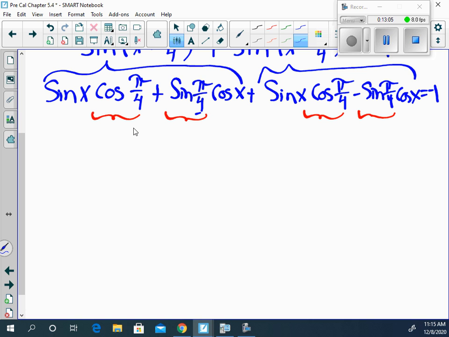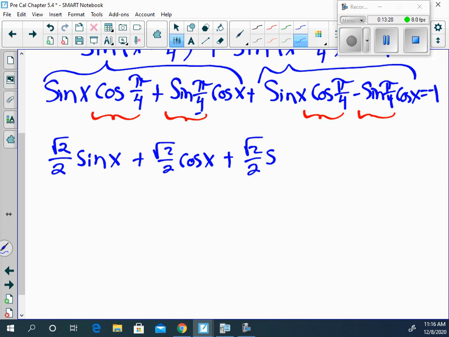Actually, all four of these are going to be square root 2 over 2. So really what I have here is square root 2 over 2 sine of x plus square root 2 over 2 cosine of x, plus square root 2 over 2 sine of x minus square root 2 over 2 cosine of x is equal to -1.